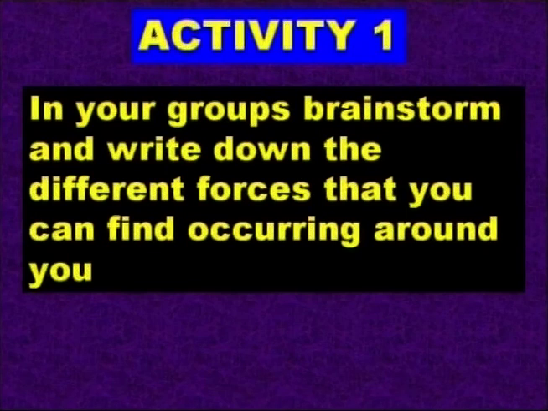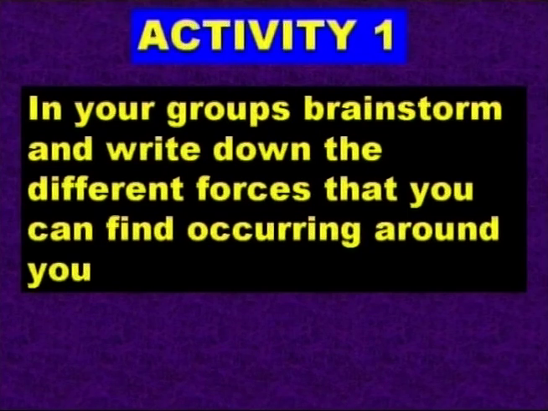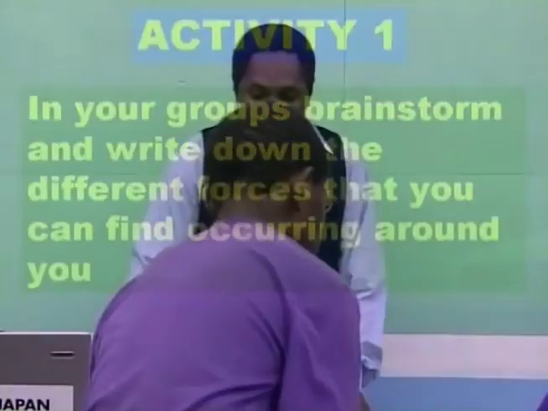Okay, class and receiving students, by now you should have completed brainstorming your ideas on the different types of forces that you see occurring around you. Now, we are going to have Lisa come and explain what her group has done.